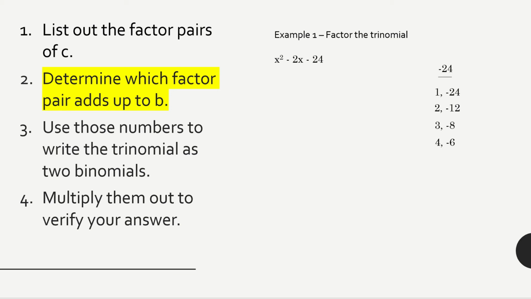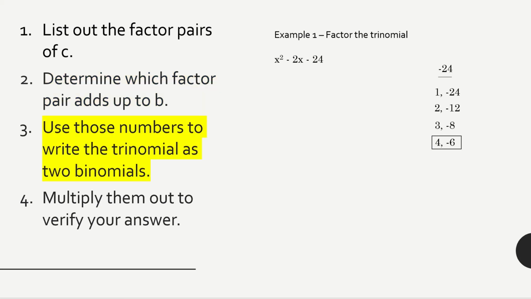So let's make all these larger numbers negative on the factor pairs right here. And we basically have to determine which pair here adds up to negative 2. The one that adds up to negative 2 is going to be 4 and negative 6, because 4 minus 6 gives you negative 2.